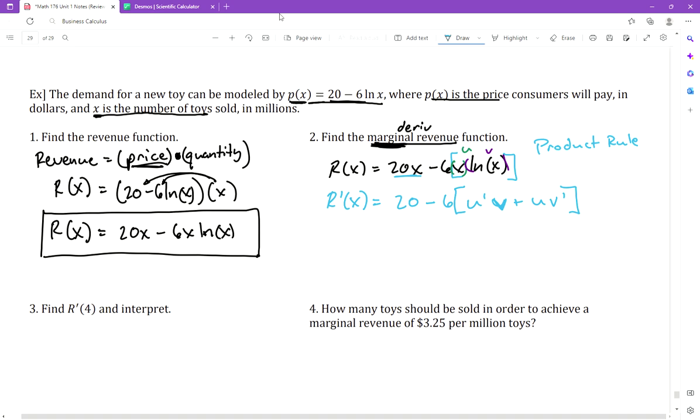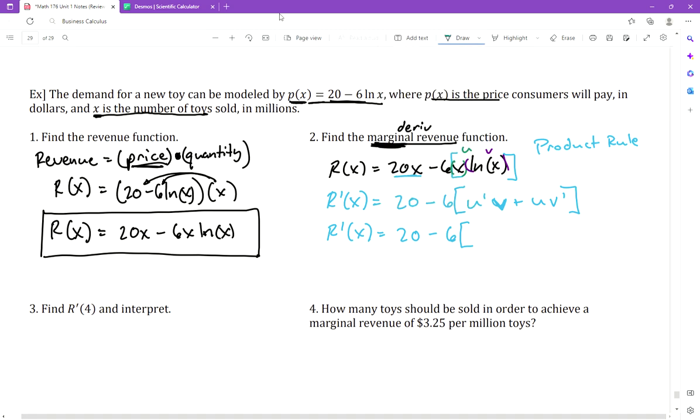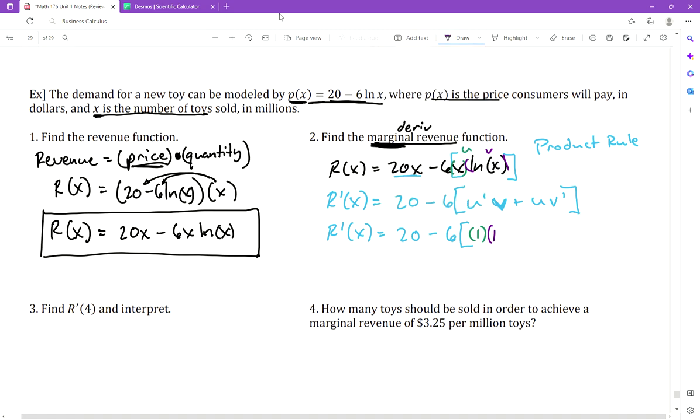And then we'll plug those in. All right, so we've got still r prime of x, still 20 minus 6 bracket. All right, u prime, well, x is u, so the derivative of x is 1. And then v is just the natural log of x. There's those. And then we have plus u.